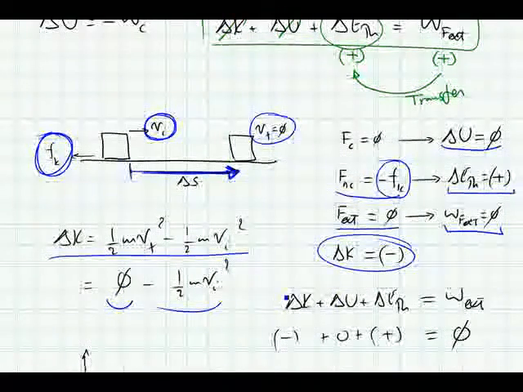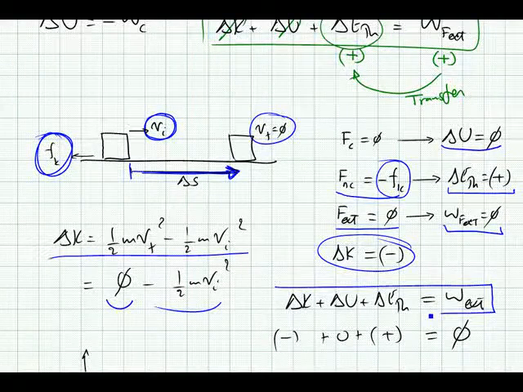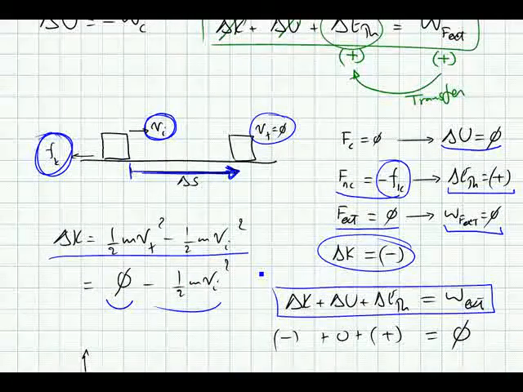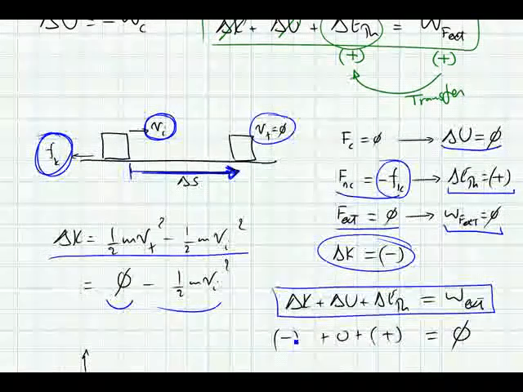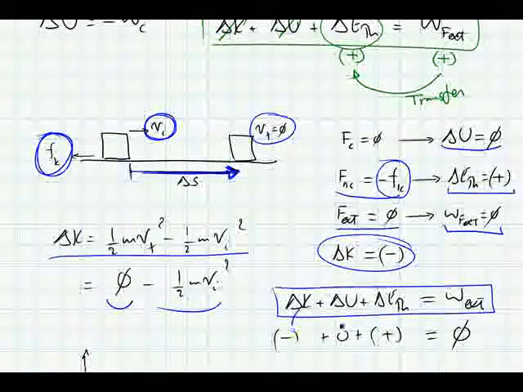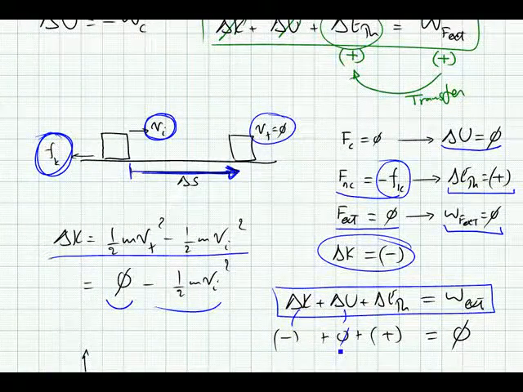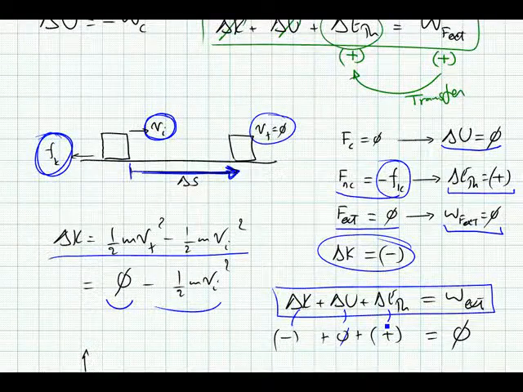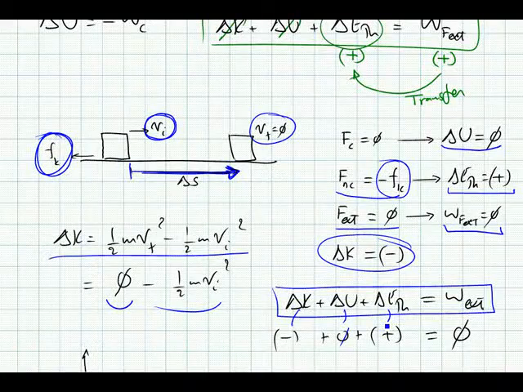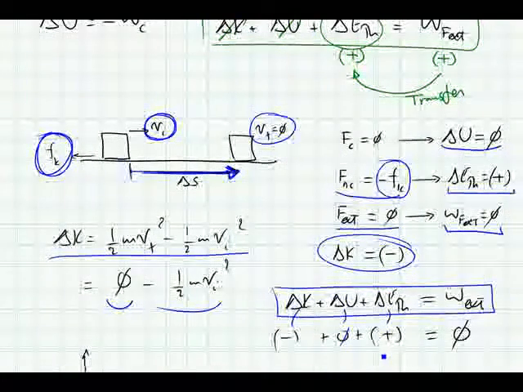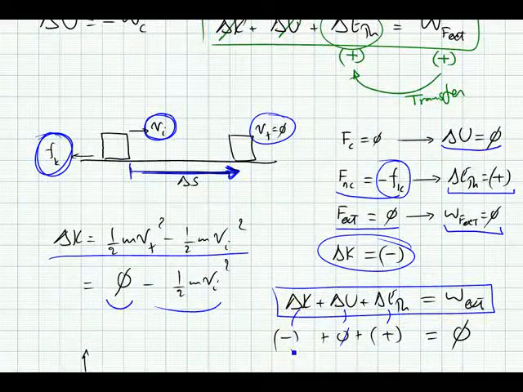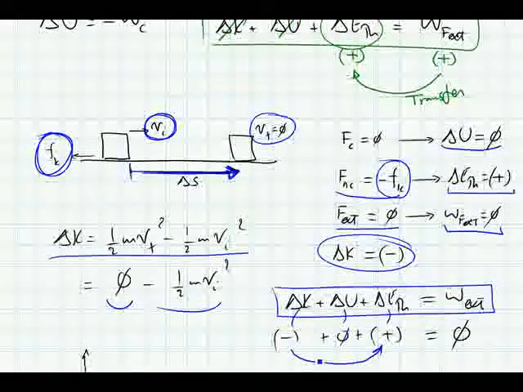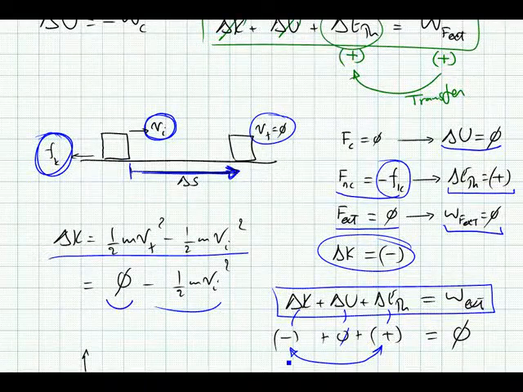Therefore, writing our equation, delta K plus delta U plus delta E thermal equals work external. We have a negative value for change in kinetic energy, 0 for change in potential energy, and a positive value for change in thermal energy, equaling 0. So what we see here is a transformation of energy between kinetic and thermal.